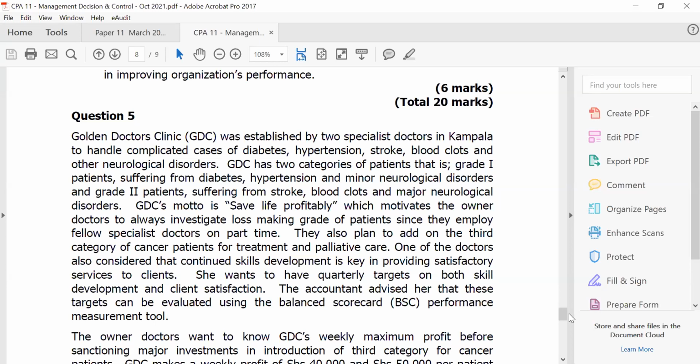You translate the information given into equations or functions, and then from those functions, you put them in a matrix format and find your optimal solution.